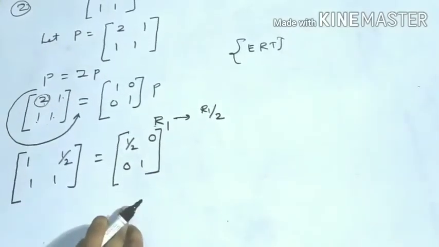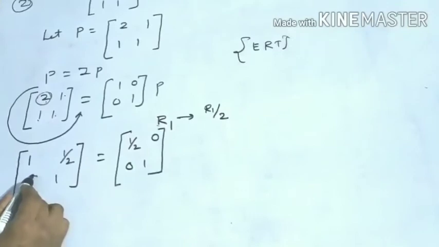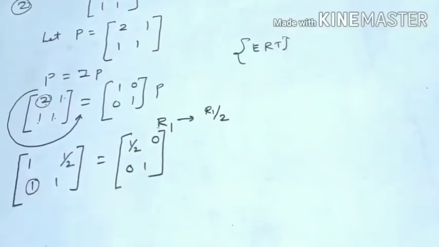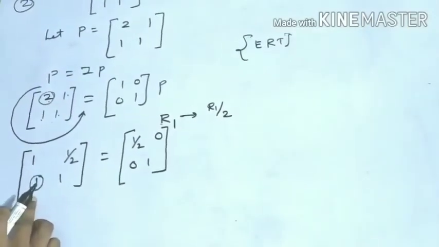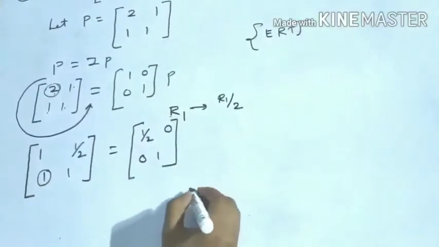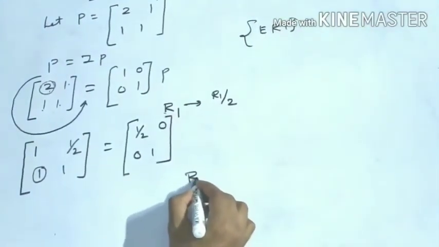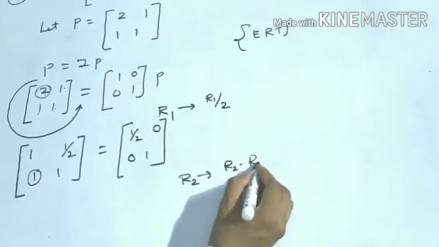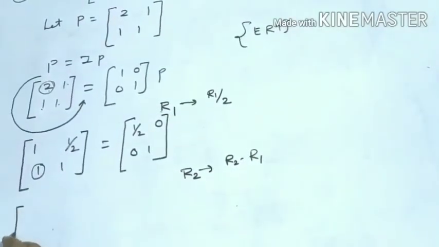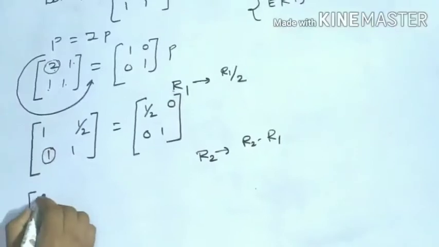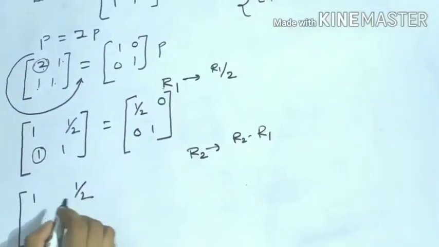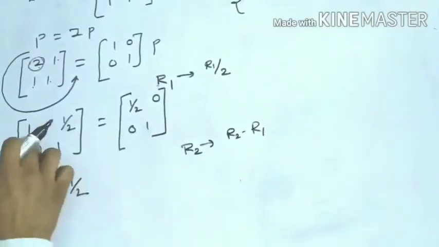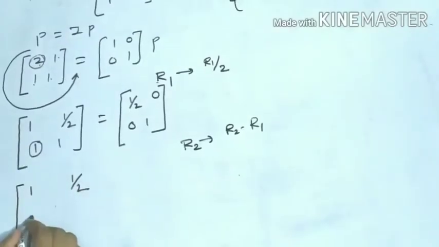Now this element we want to become 0, so we are going to apply this operation in R2. We are going to do R2 minus R1. Then what will we get? R2 means this is the 1 by 2. Now R2 minus R1, meaning 1 minus 1, this becomes 0.